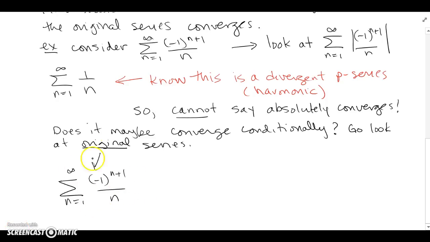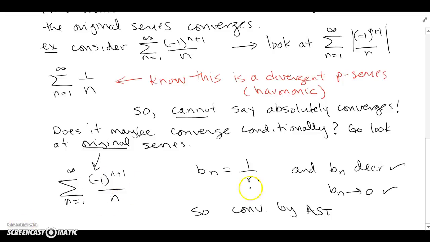So here I am back at the original series, and it clearly is an alternating series. So I can look at my Bn and see what happens. We've shown this before, so I won't go through the full proof. The terms 1 over n, the Bn, are continuously decreasing, and the limit of 1 over n goes to 0.